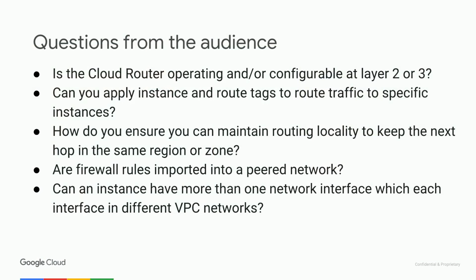Okay, great. So the next question is, can you apply instance and route tags to route traffic to specific instances? So you can. There's a concept of tags where, say I create a route and I want the route to only be applied to certain VMs, right? When you create the route, you could say, I only want this route to live on certain VMs, and you would do that by specifying a tag.